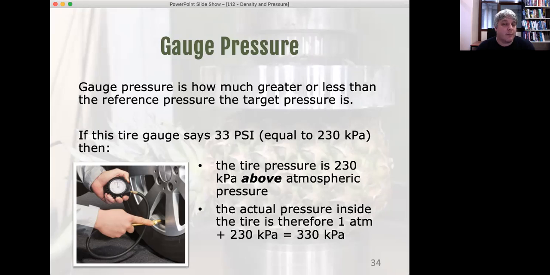But it's still important to remember that even though it's 33 psi greater than the atmosphere, the total pressure in there is the atmospheric pressure plus 33 psi, or plus 230 kilopascal, which is around about 330 kilopascal. So even though the gauge pressure is the thing that we measure and the thing we care about and use in our daily life, the actual pressure is 101 kilopascal greater than that gauge pressure.